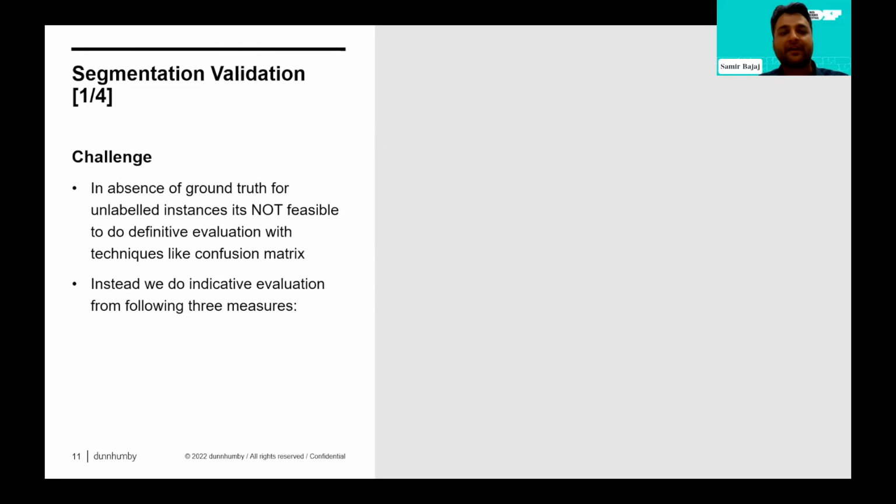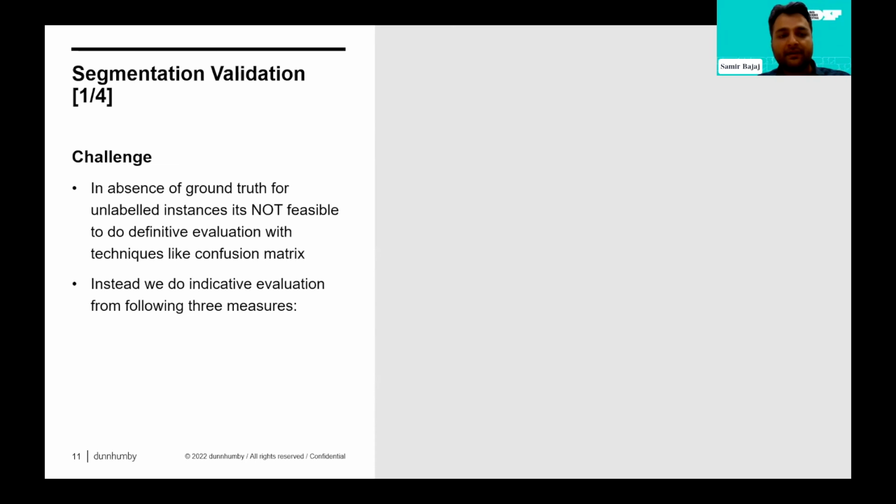That is the challenging part, because in typical traditional supervised learning, we have the ground truth available in the test set, against which we can match and create a confusion matrix, draw the ROC curves, and evaluate whether the model is good or bad. But here we don't have the values pertaining to ground truth. So the evaluation cannot be definitive. It can only be indicative.